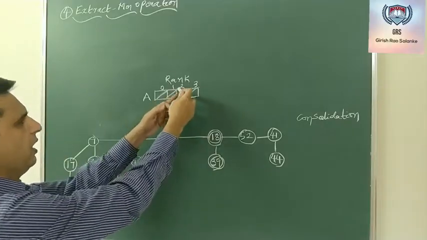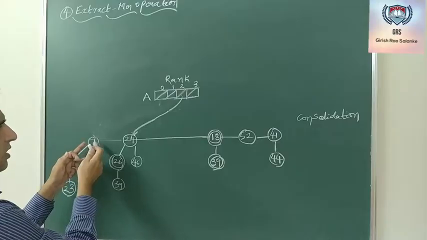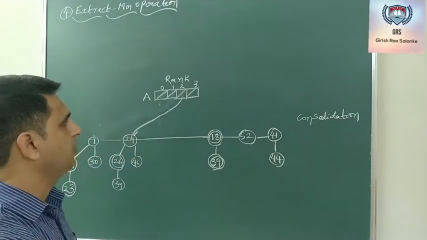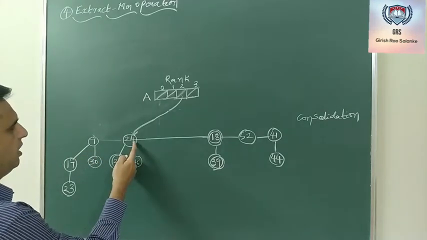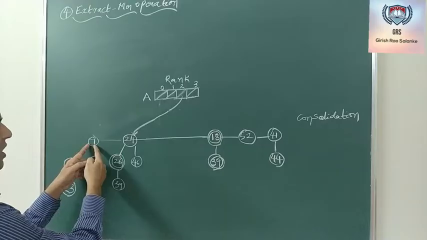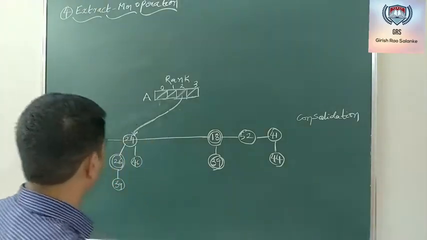Degree 2, okay. Rank of 2 is already pointing to 24. Now I got one more node here which is of degree 2. Now I need to merge them together. Out of 7 and 24, which is having a lesser value? 7 is having a lesser value. So this 24 should be the leftmost child of 7.